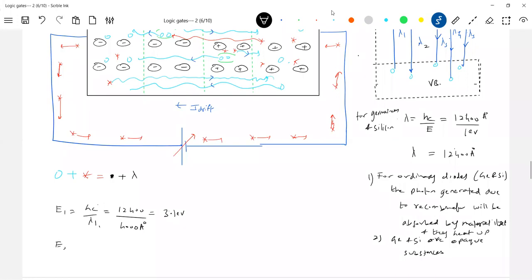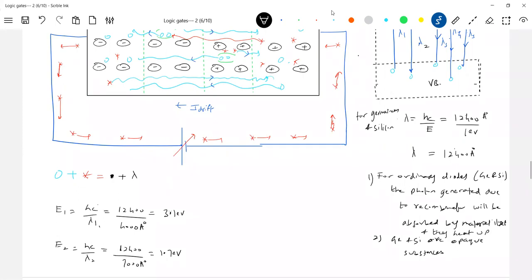Now similarly, for 7,000 approximately, just give the value. One point seven. So what should be the band gap? The band gap should be like this.